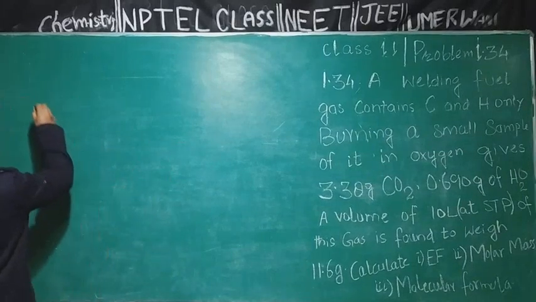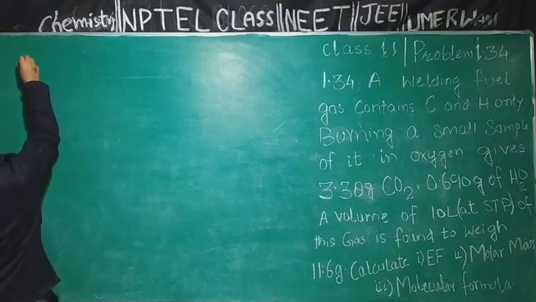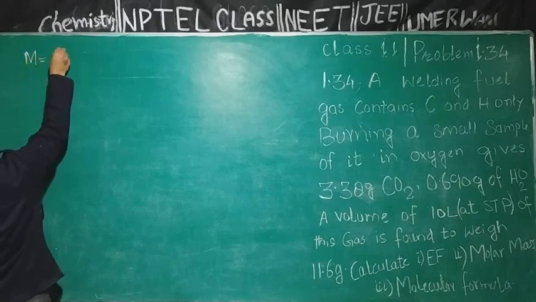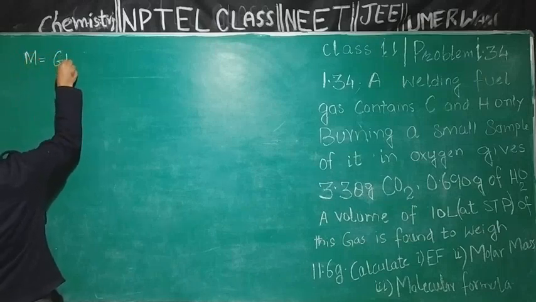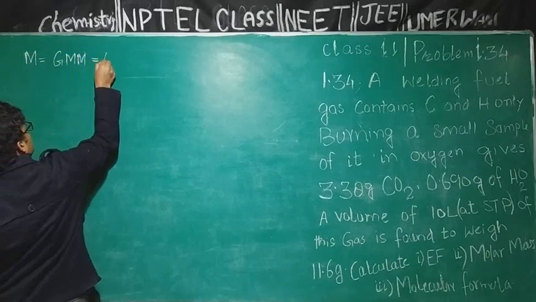First, I will utilize the idea of molar mass of carbon dioxide. Molar mass of carbon dioxide is equal to its gram molecular mass, and it is equal to 44 grams.